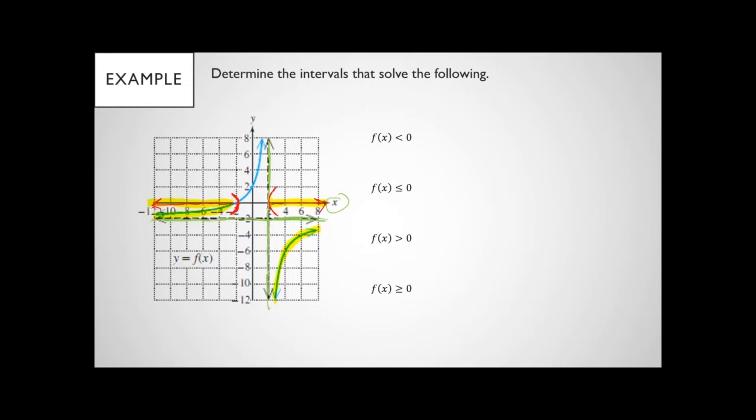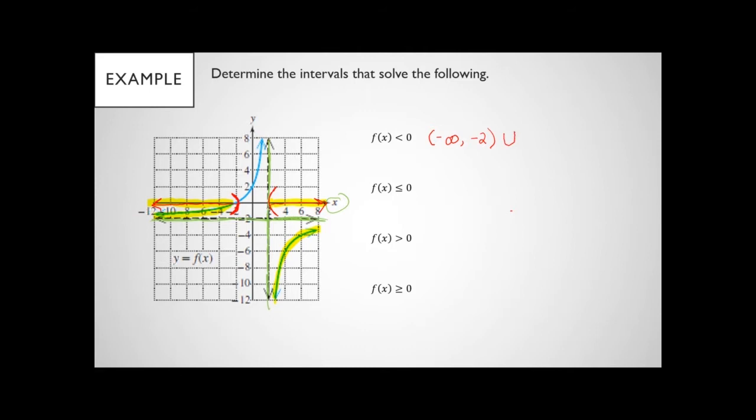And because they're 2 separate sections and there's a gap in between them, we have to use a union to write it. So we go from left to right. From the left, we have negative infinity because it goes on forever. And then it's at -2 where it starts crossing the x-axis and starts getting positive. And because it's a less than, we can't include that 0.